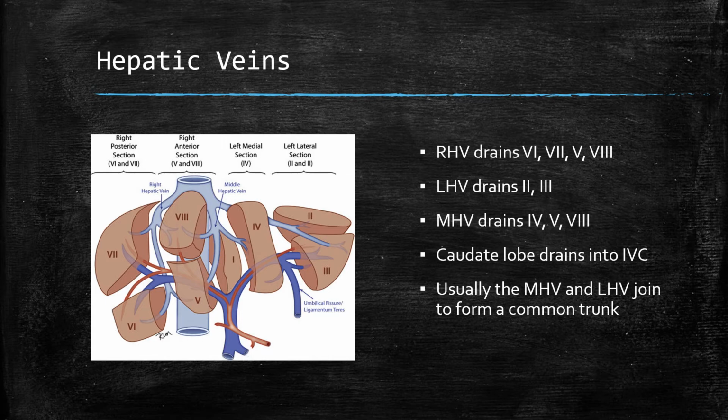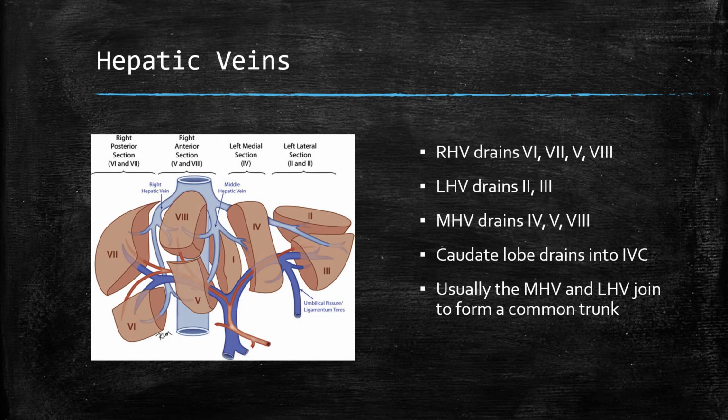In other words, if we look at just segment 8, it has at least 2 hepatic veins draining it. One goes into the middle hepatic vein, and the other goes into the right hepatic vein. Oftentimes, there can be multiple veins going into either one of these middle or right hepatic veins. And the same can be true of segment 4 as well.